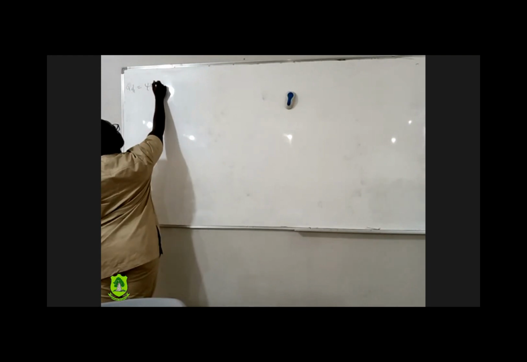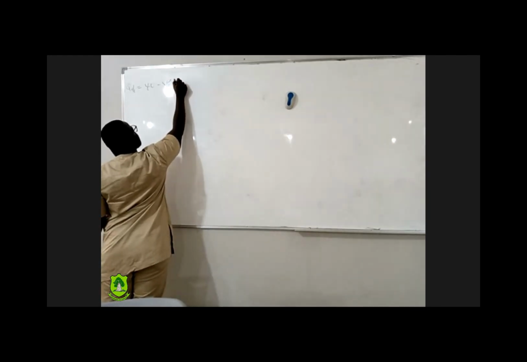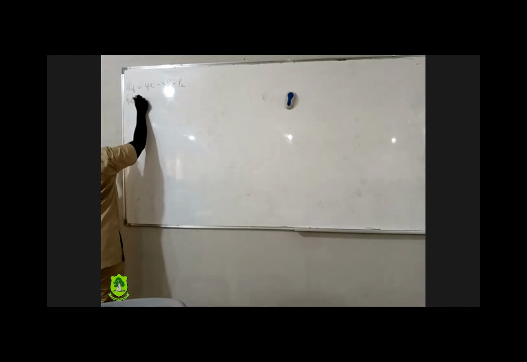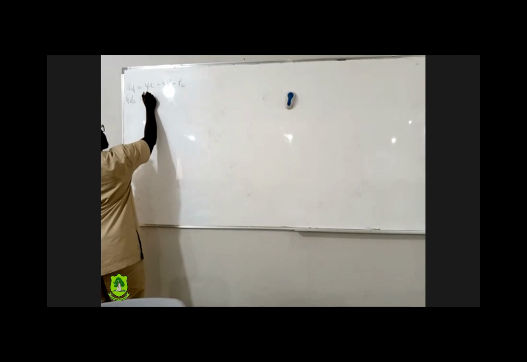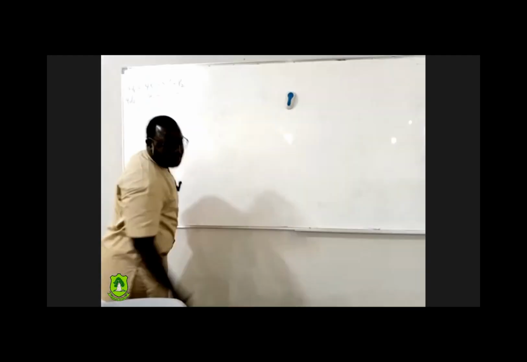QD1 equals 40 minus 5P1 minus P2. QD2 equals 50 minus 2P1 minus 4P2.